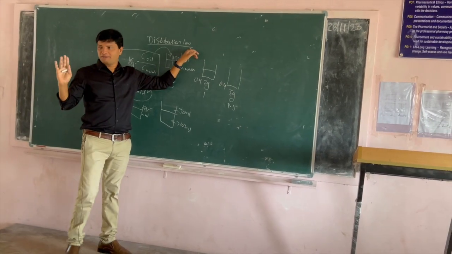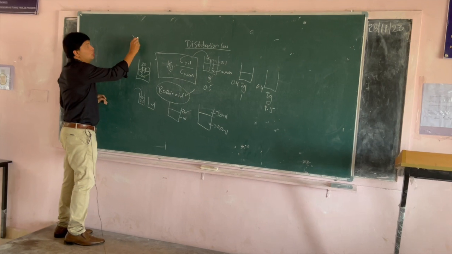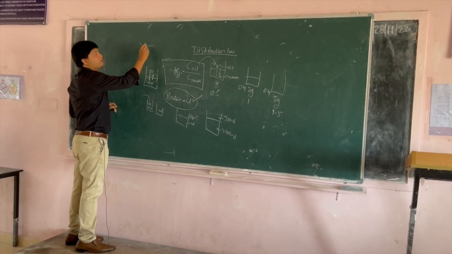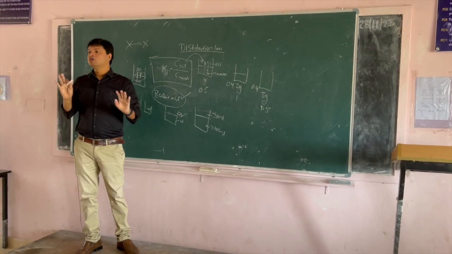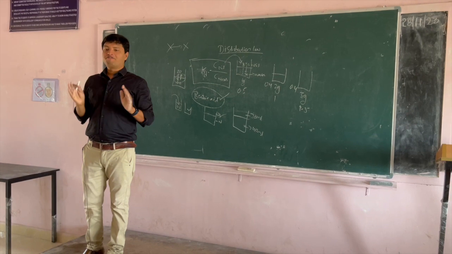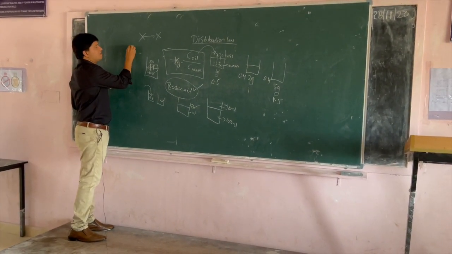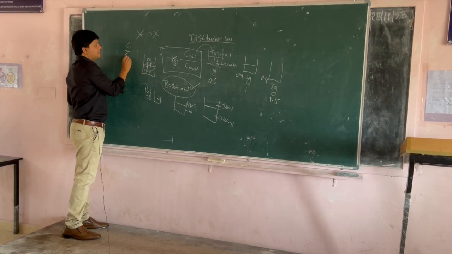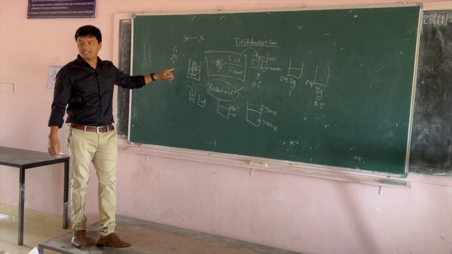Okay, listen. There is a problem: the solute has to behave as solute in both the solvents. It should not dissociate, it should not associate. If the solute dissociates, let's say the solute is dissociating in water, in that case the law will change like this.